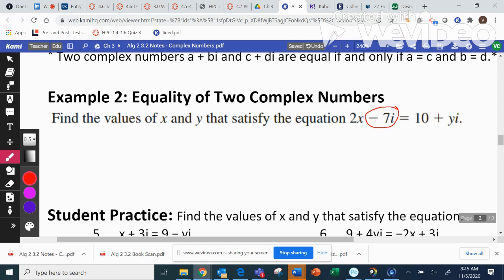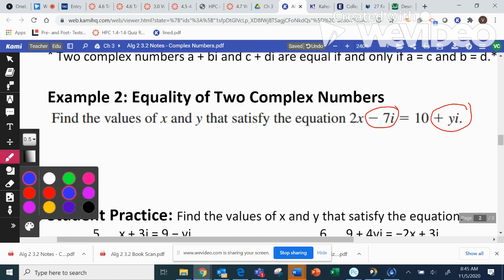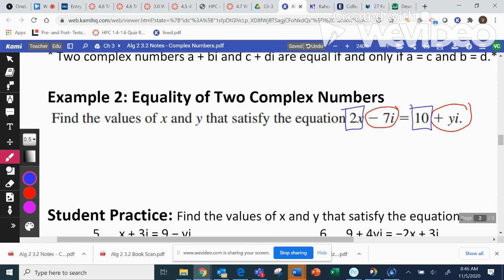Yes? What is it, Amar? yi. Okay, I'm going to take a different color because I got colors. Why not? I'm going to put a box around what doesn't have an i. 2x does not have an i. 10 does not have an i.